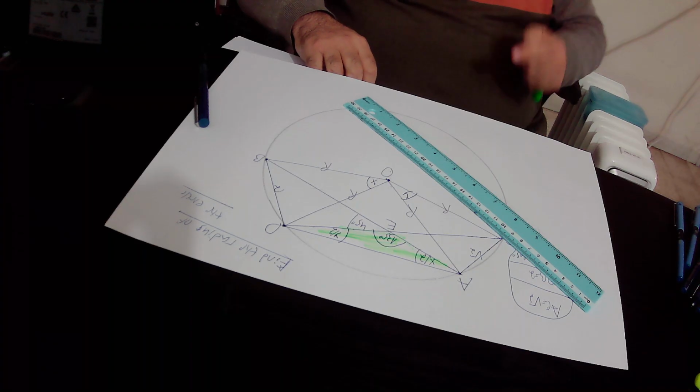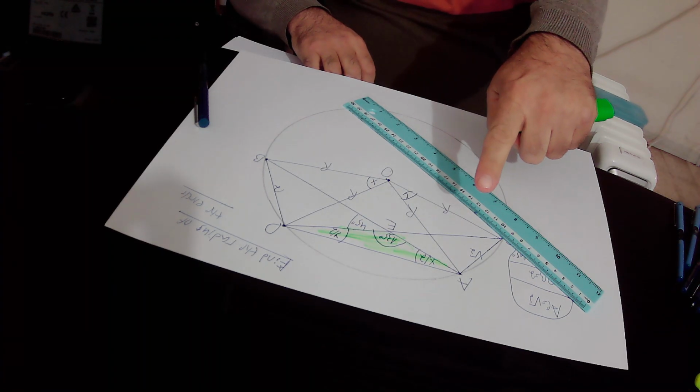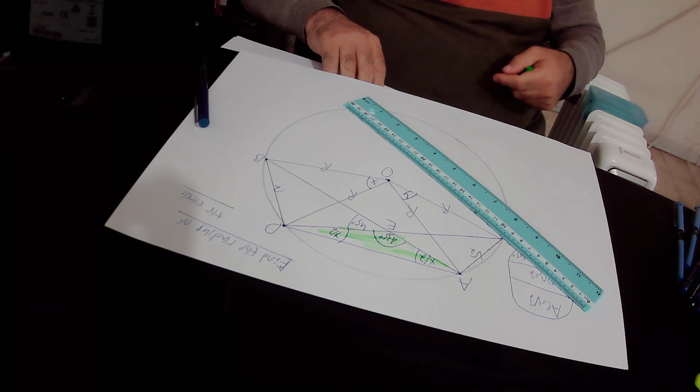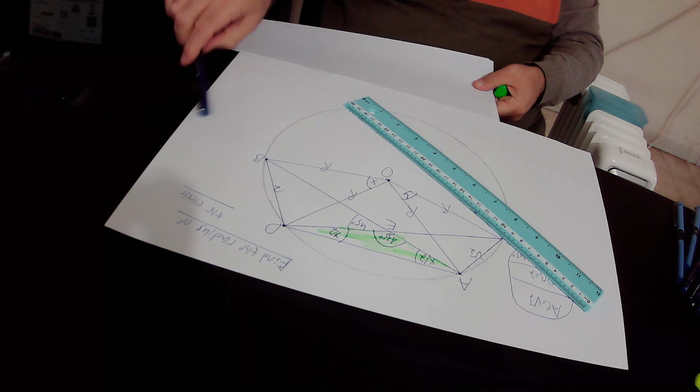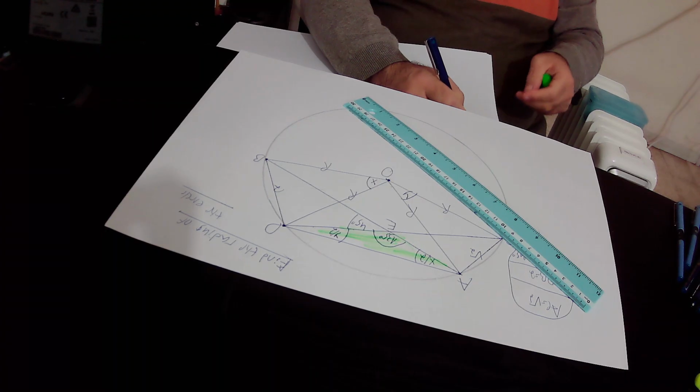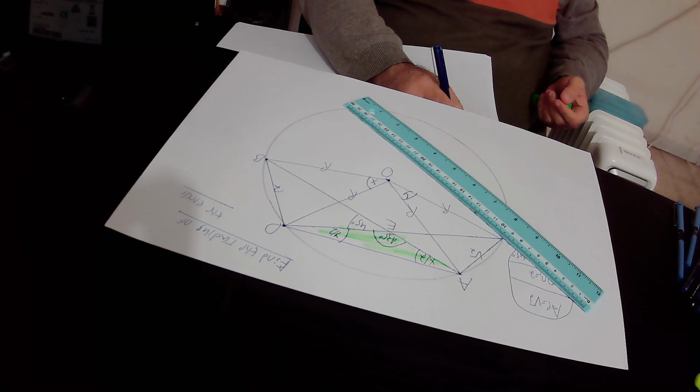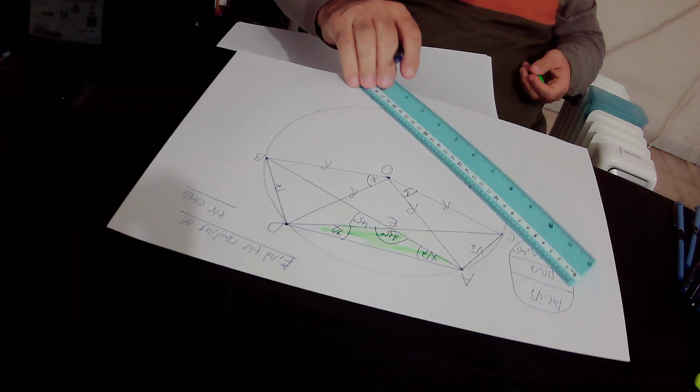Therefore, the sum of the angles inside the green triangle AD must be equal to 180 degrees. So which angles do we have inside triangle AD? The green triangle AD.